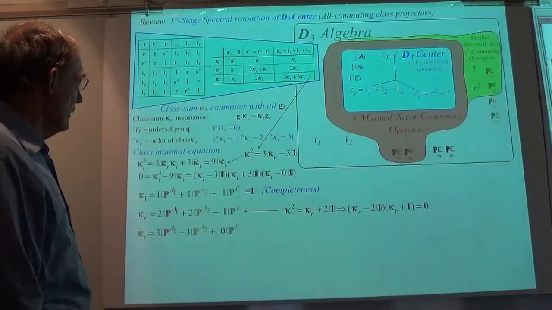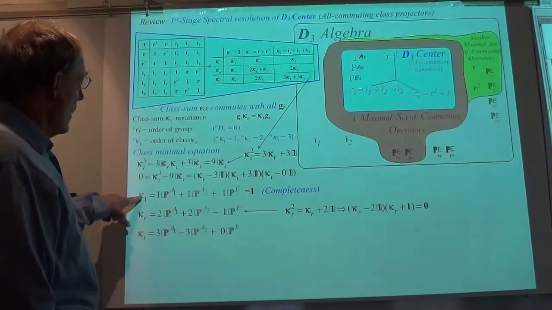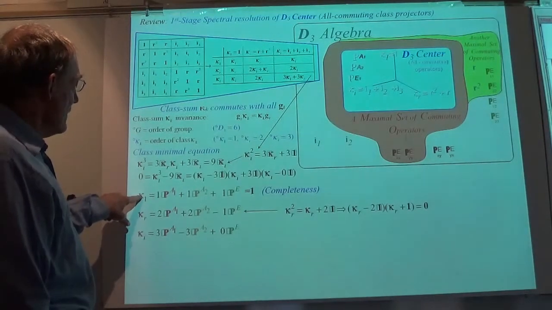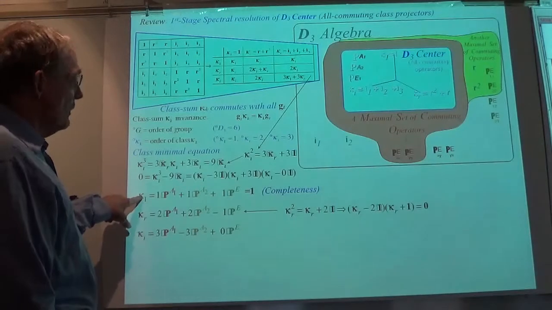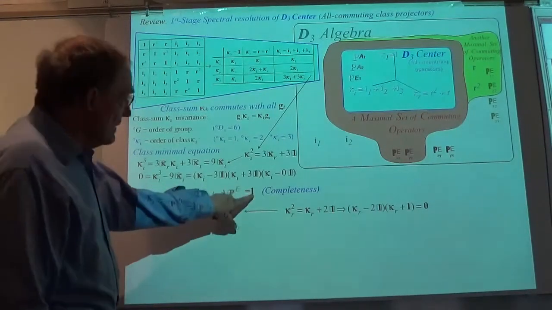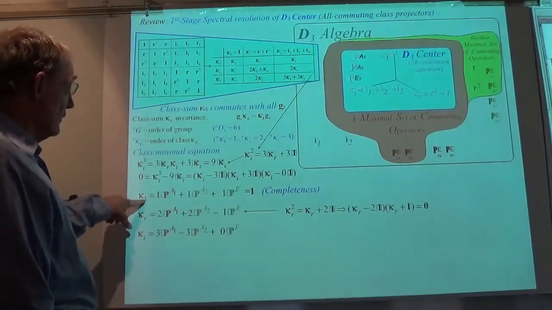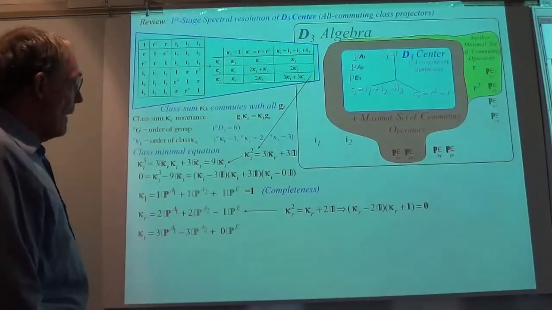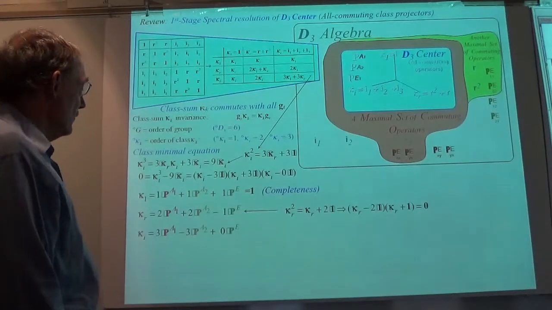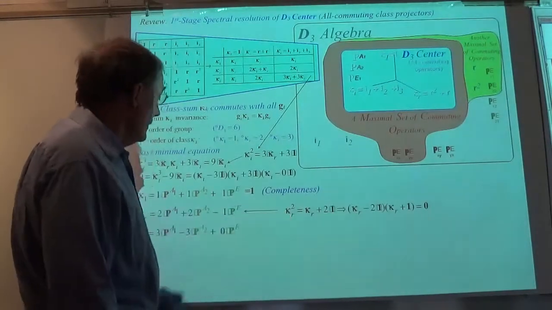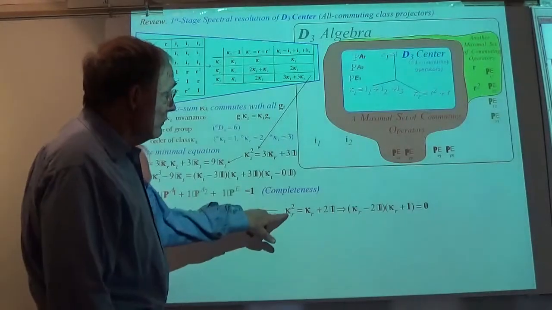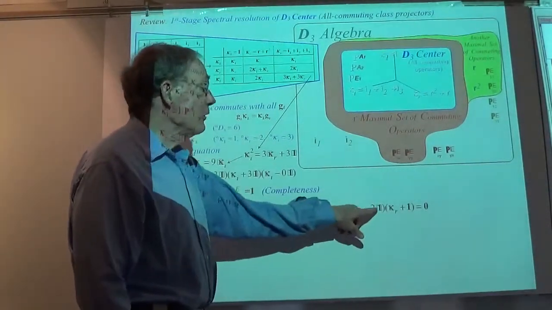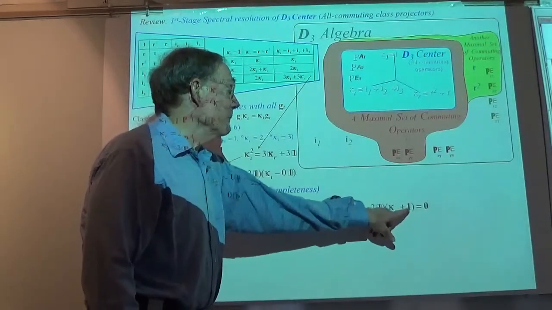So there are the expressions of the various kappas. This is an easy one. We know that the identity is going to be the sum of these projectors, whatever they are. So 1, 1, 1, eigenvalues of 1 are there. Then the second one, okay, it's going to involve the square, and it has roots 2 and minus 1.